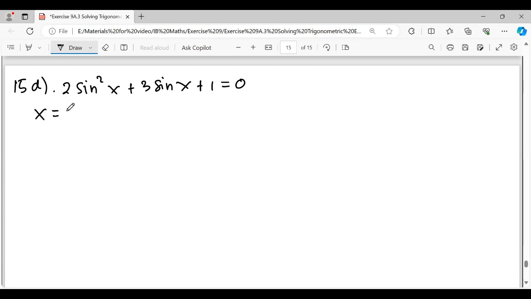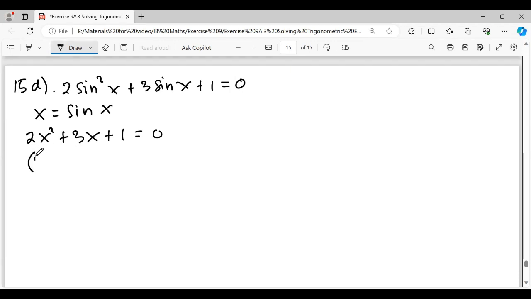If x equals sine x, this equation we can write like this: 2x squared plus 3x plus 1 equals 0.